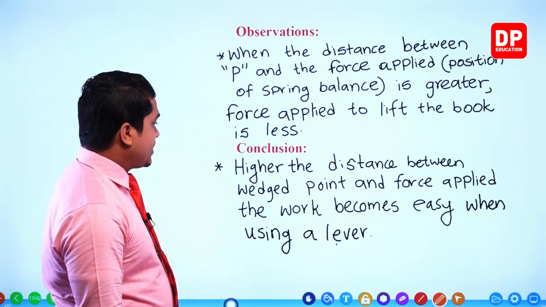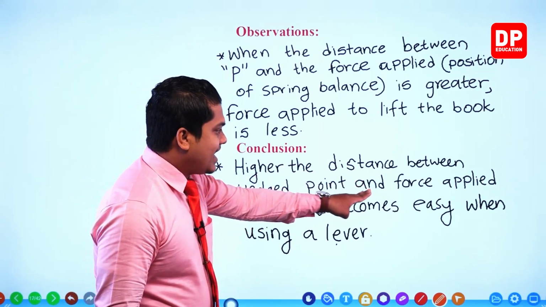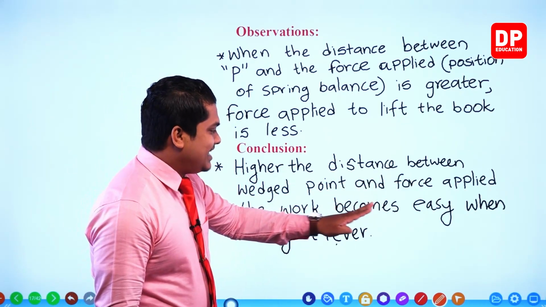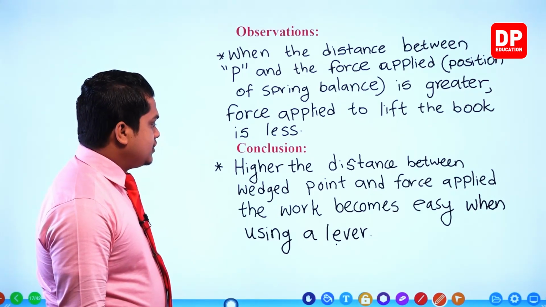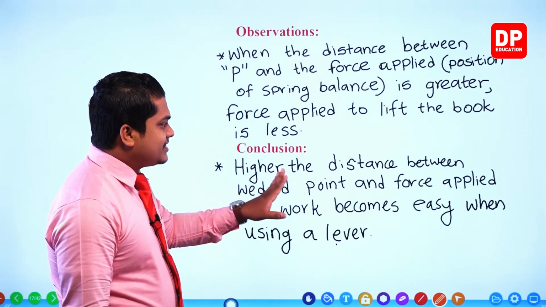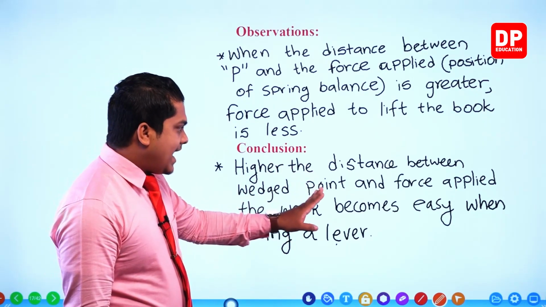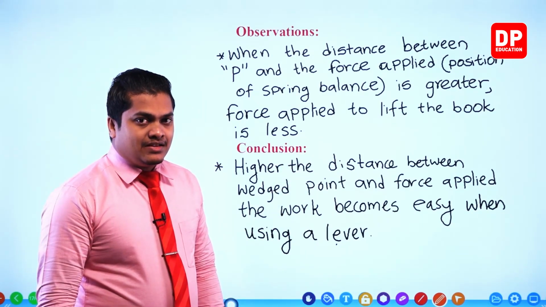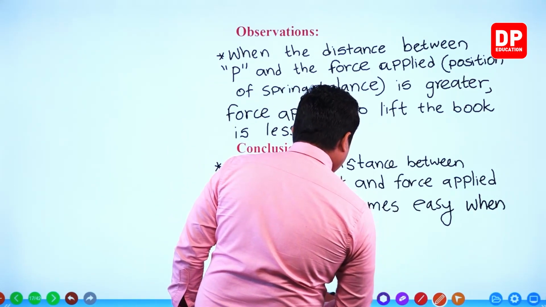What is the conclusion? Higher the distance between wedged point and the force applied, the work becomes easy when using a lever, right? So higher the distance between wedged point and force applied. Okay, in simple we can write it like this.